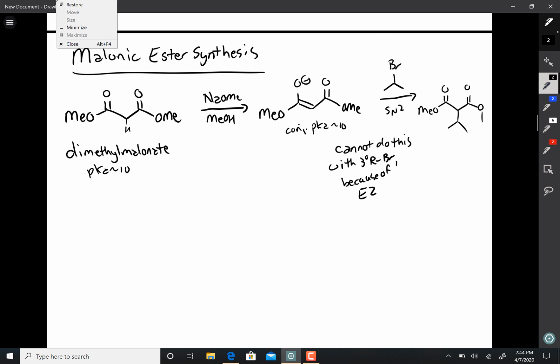But here it's just simply an SN2 reaction, like that. Now, it's possible to deprotonate the center one again, only when you're trying to deprotonate the center one, you want to use a more hindered base and solvent, like tert-butoxide and tert-butanol.